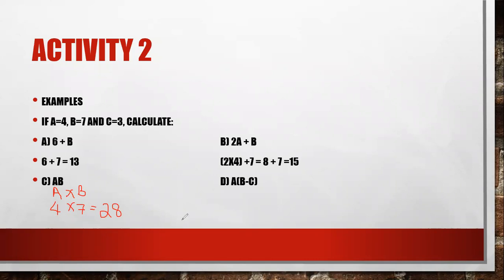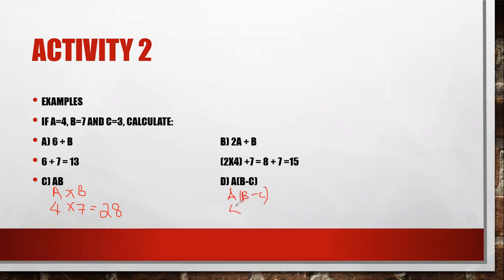Another person for part D. Let's have Lona. Yes, teacher. Part D is A into brackets B minus C, where A is 4, B is 7 and C is 3.